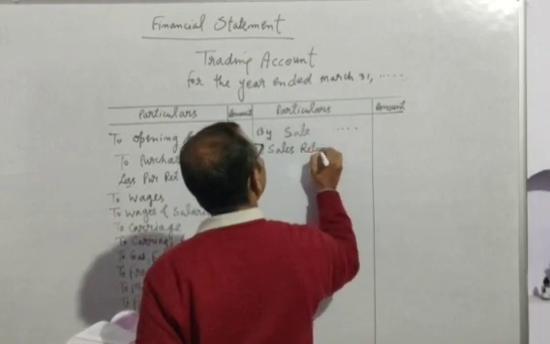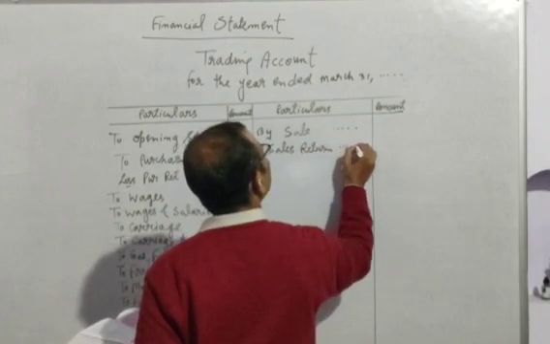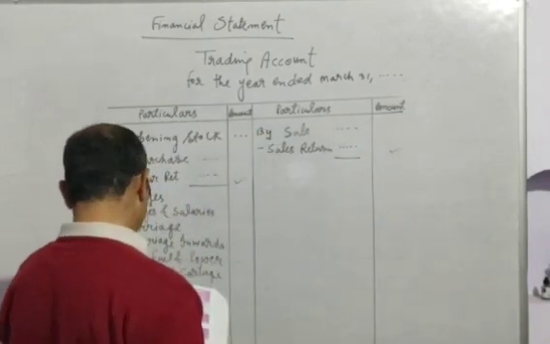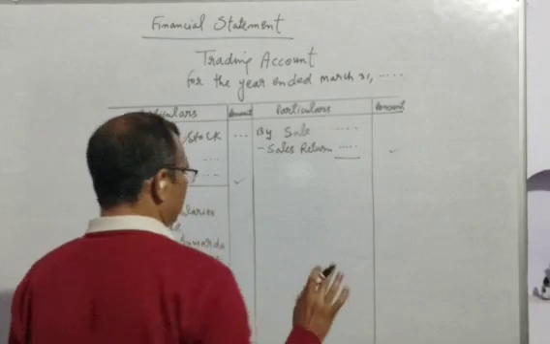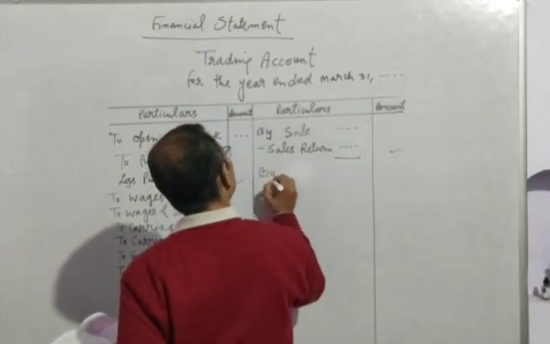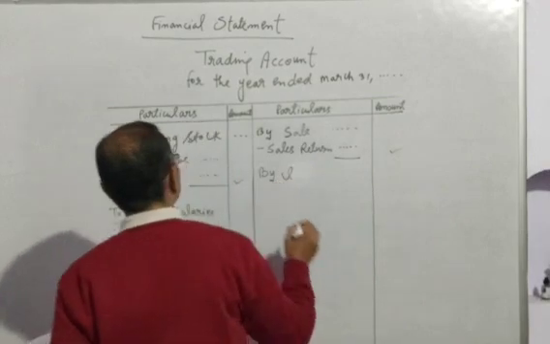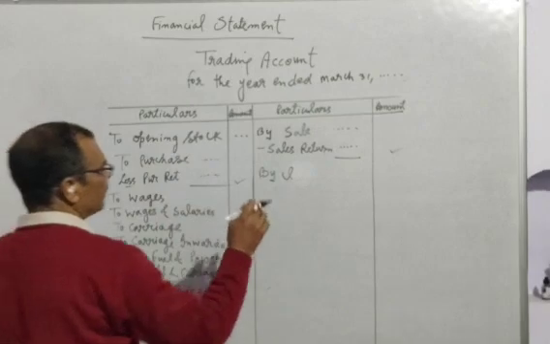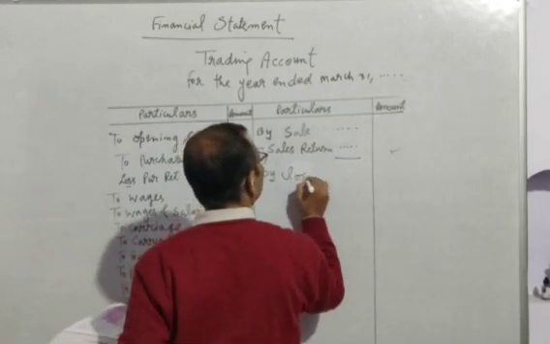Sales return will be deducted from sale, and after that it will come in the amount column. And after doing this, we will write closing stock. The question starts with opening stock and ends with closing stock.